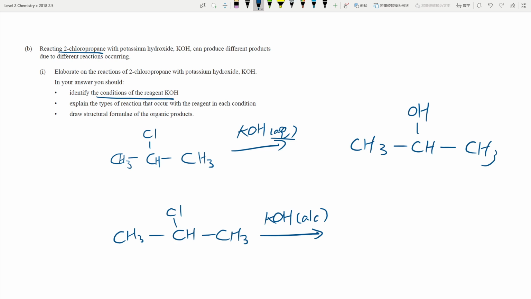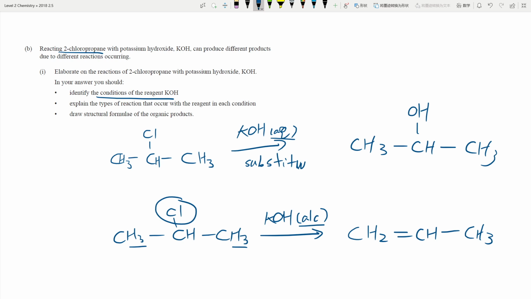You get the point. KOH alcohol is an elimination reaction, because when you're drunk you lose stuff, so that means the Cl has to go. Then you lose one of the H's. It actually makes absolutely no difference which one you lose, because you have the same product. So the type of reaction here is substitution. Why is it substitution?